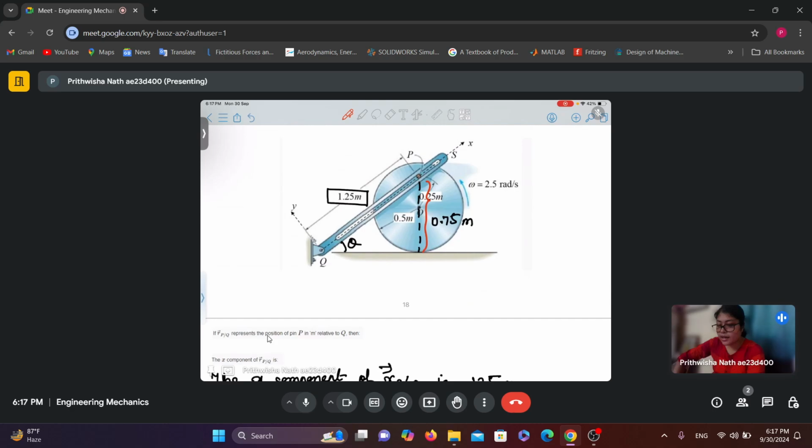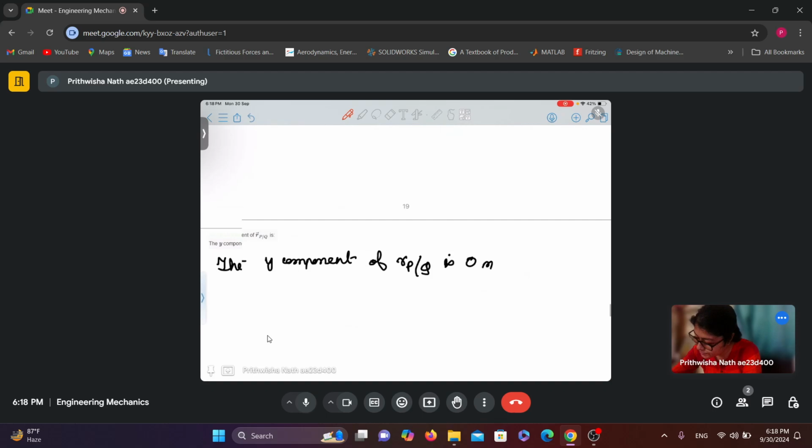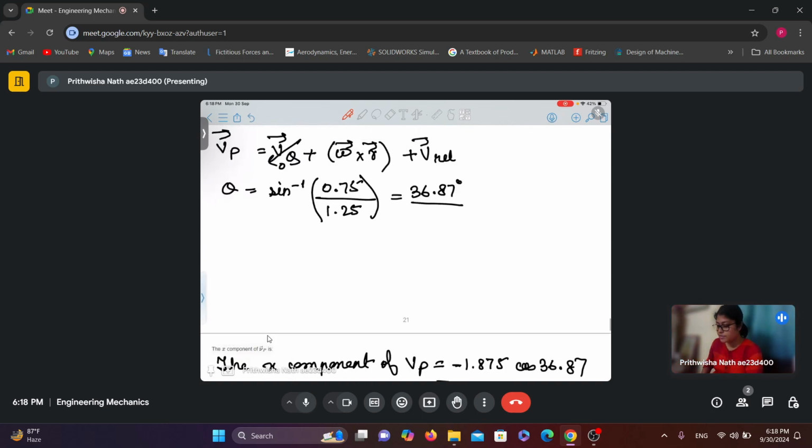So I know the distance PQ and I've already found this distance 0.75 meter. So from sine theta's formula I can find out theta. That is sine inverse of 0.75 by 1.25. So this comes out to be 36.87 degrees. Now from there we can find out the x component and y component of Vp respectively.